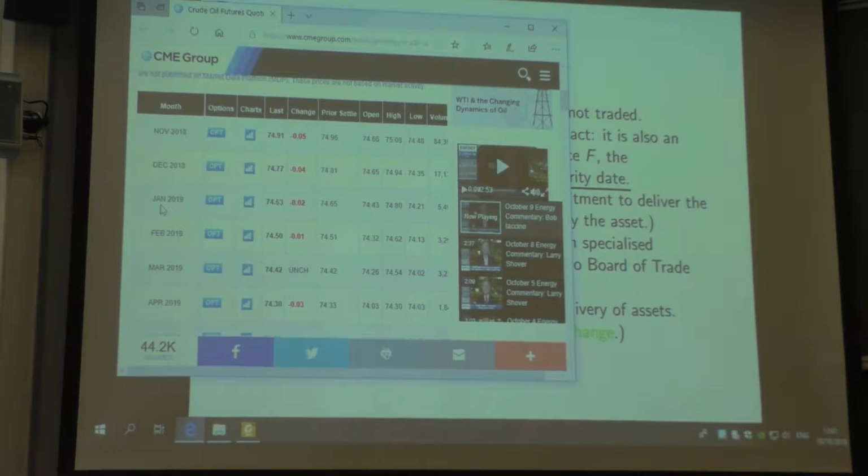Now you can see from time to time these numbers are going to flash yellow and they're going to change a bit. It's a bit early for trading in Chicago, but apparently they get up very early.